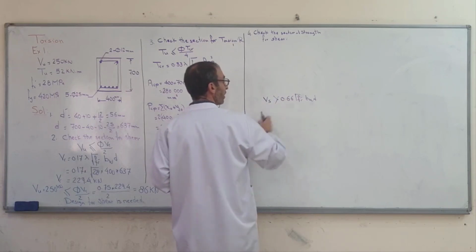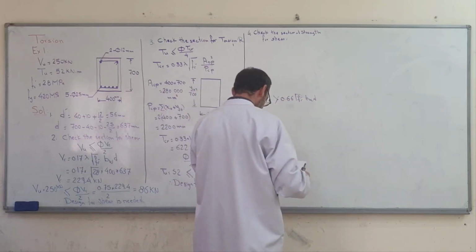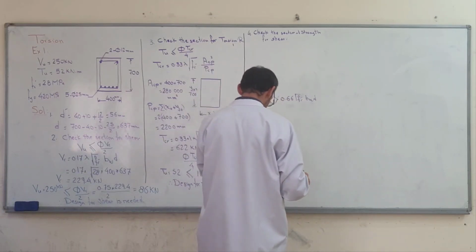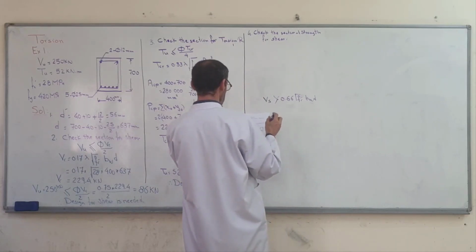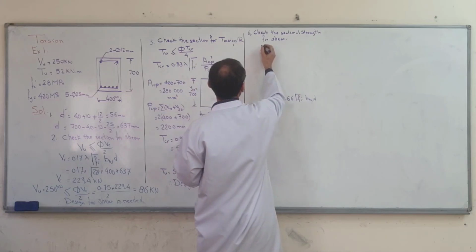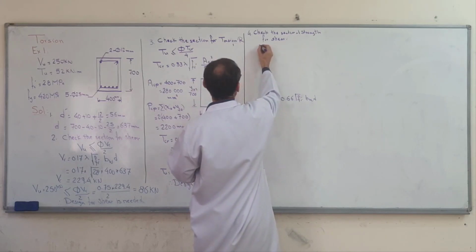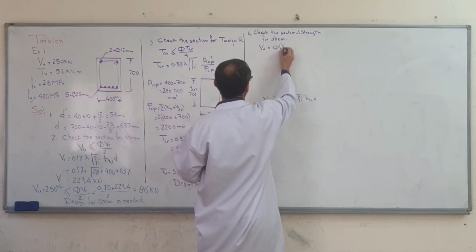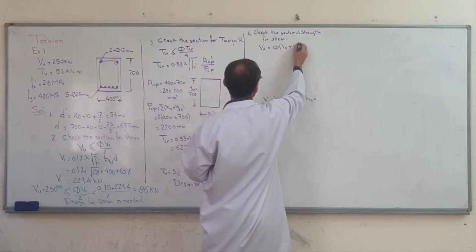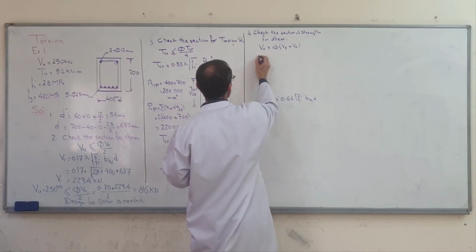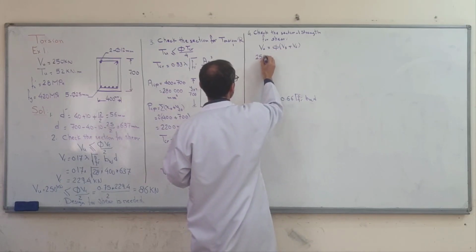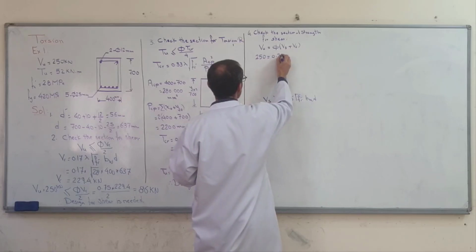Now I check this requirement for shear. Now I go to find Vs. I use this equation: V ultimate is equal to phi times Vs plus Vc. I try to find Vs. We have V ultimate, 255.75.